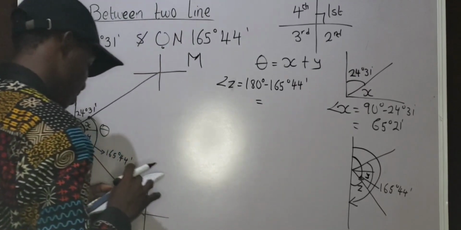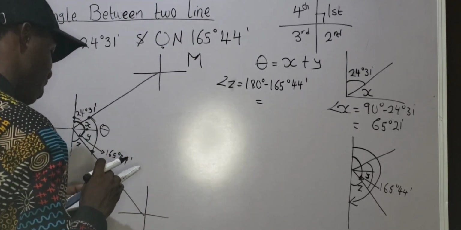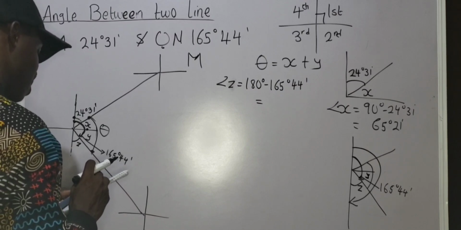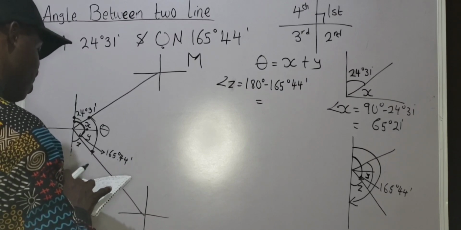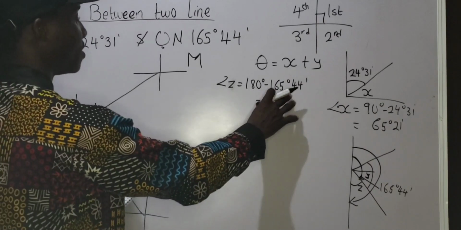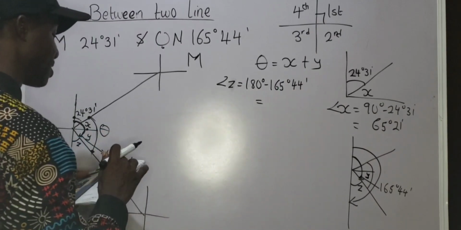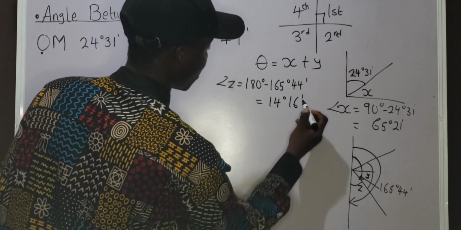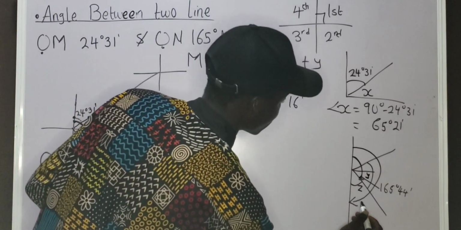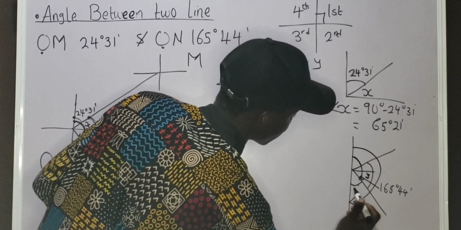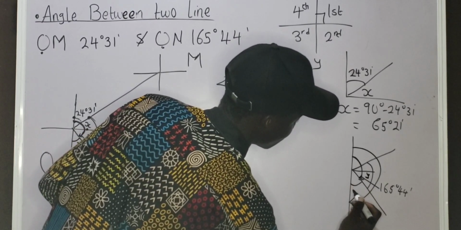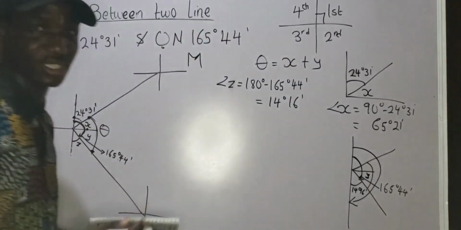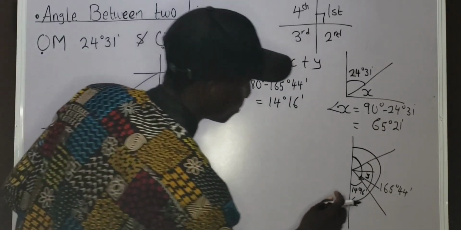Subtracting 165 degree, 44 minutes from 180 degree, that is 14 degree, 16 minutes. So the value of angle Z is 14 degree, 16 minutes. Do you understand? So now I have gotten the value of this angle.